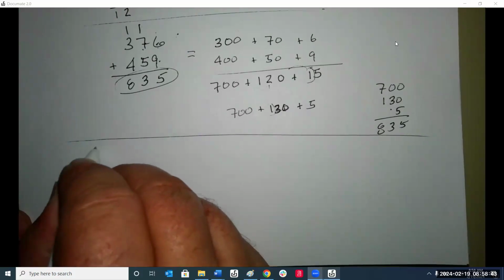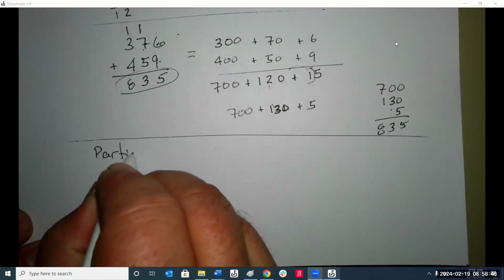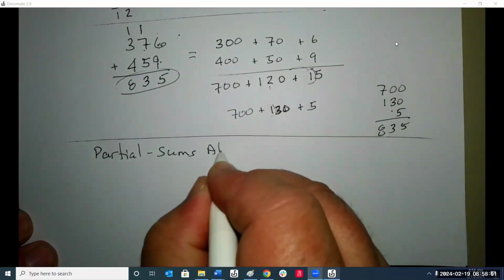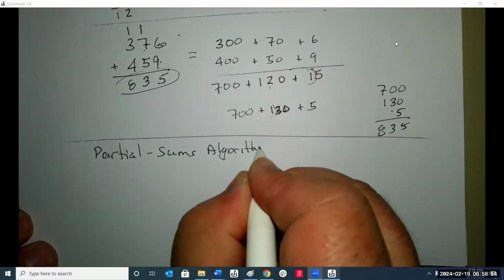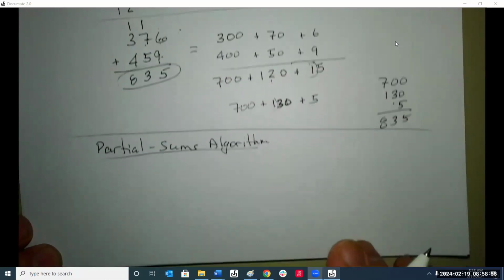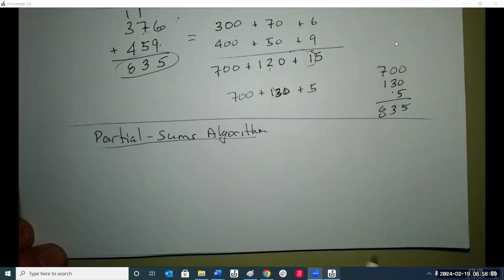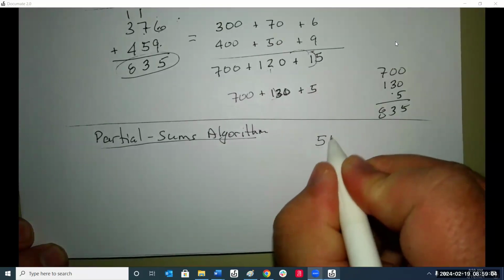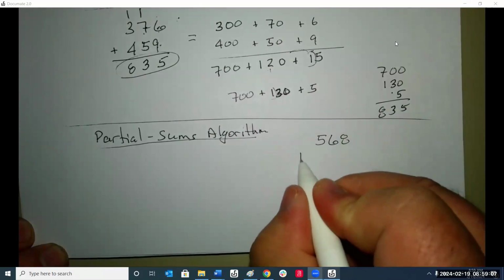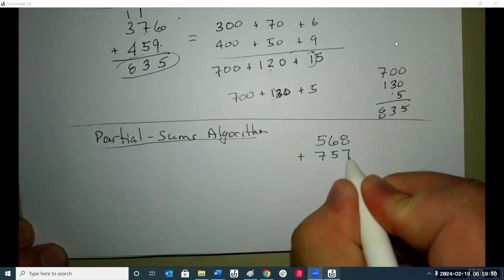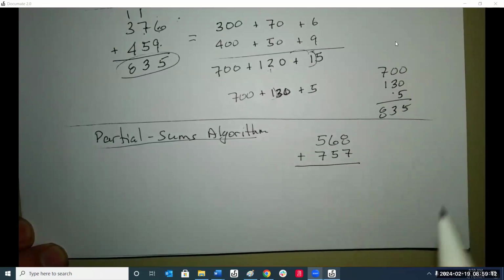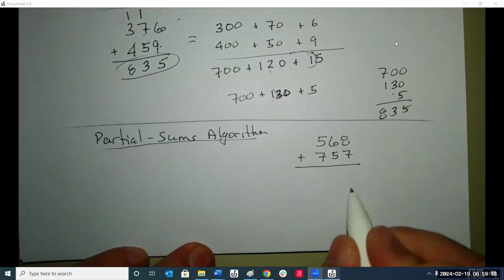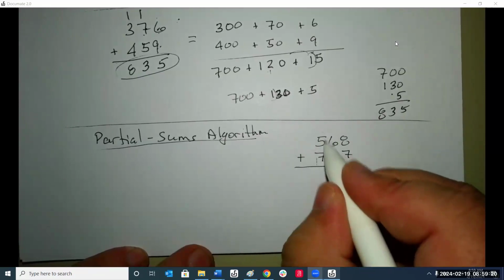All right. So another one is called the partial sums, which is similar to what we just did. So we have, let's say, 568 plus 757. Now let's look at the first two numbers.